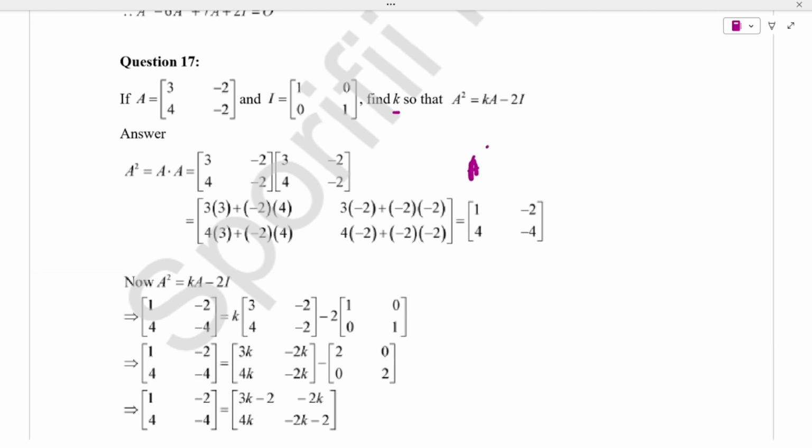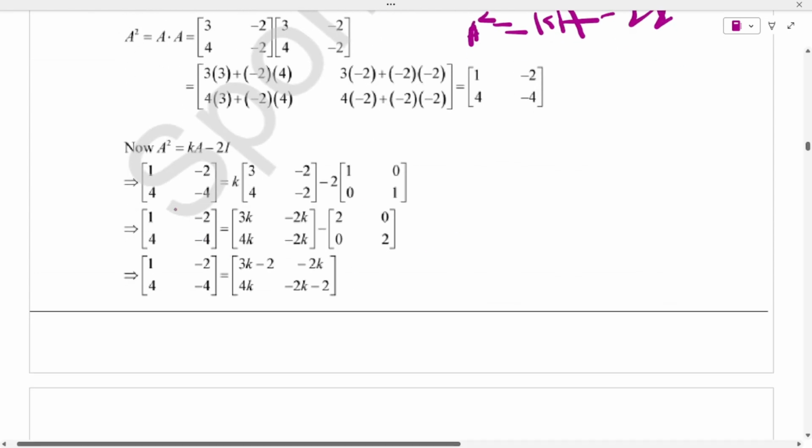A square will be equal to k times A minus 2I. That means you need to substitute here. That means A square is equal to, the A square value is what, 1 minus 2, 4 and minus 4, is equal to k. We need to keep it like that and substitute A and minus 2 times I. Okay, now if you do this, multiply it for each element. Next you will get it as this.